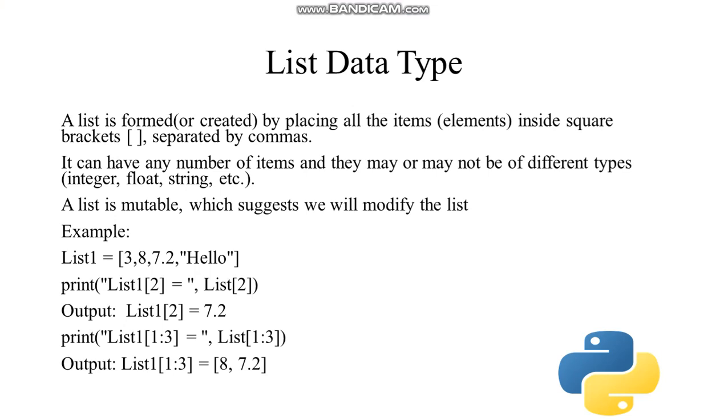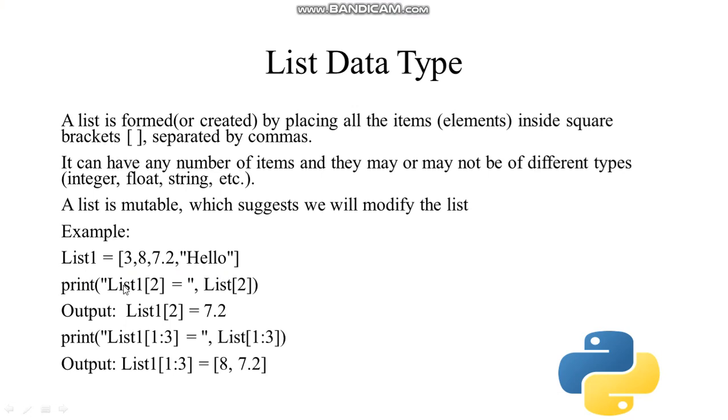That is called mutable. For example, see list1. In list we use square brackets, and I can take different data types at the same time. So list1 is 3, 8, that is integer data type, 7.2, that is floating point, and next is hello, which is string.